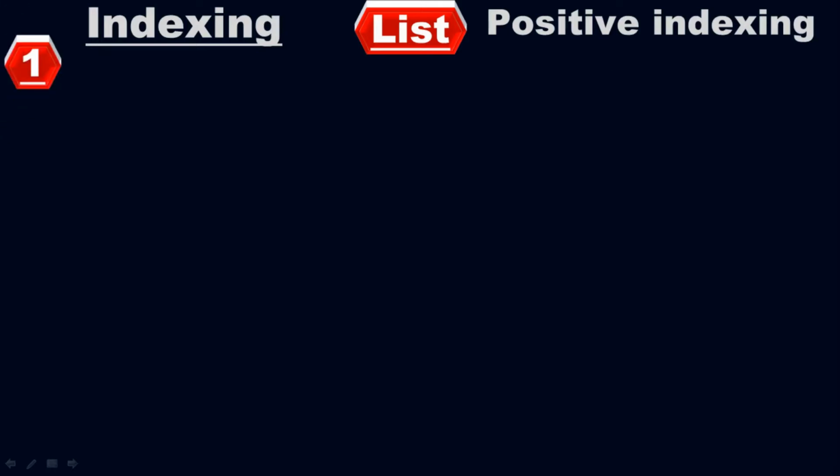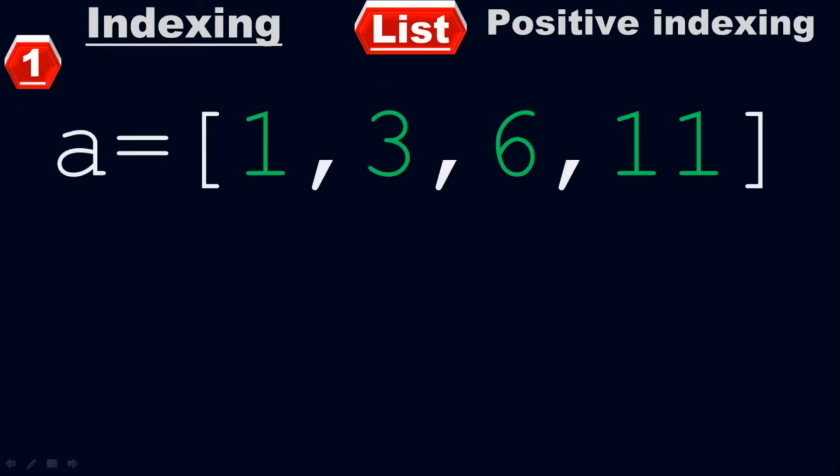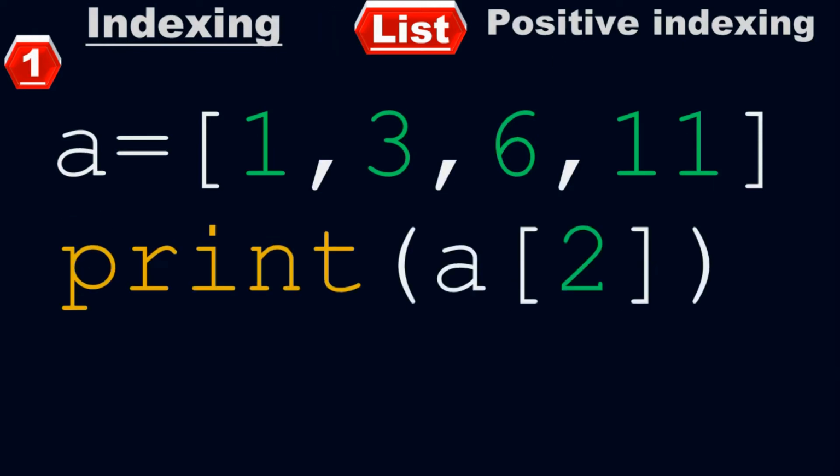Example number 1. If I have a equals 1, 3, 6, 11, take the print of a of 2, it returns 6. Look, it is a list where the items or the elements are integers. It is the collection of positive numbers.